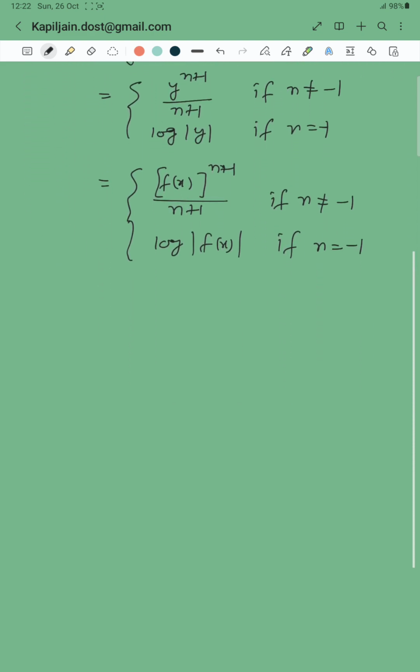Now we derive a reduction formula in term of theorem.